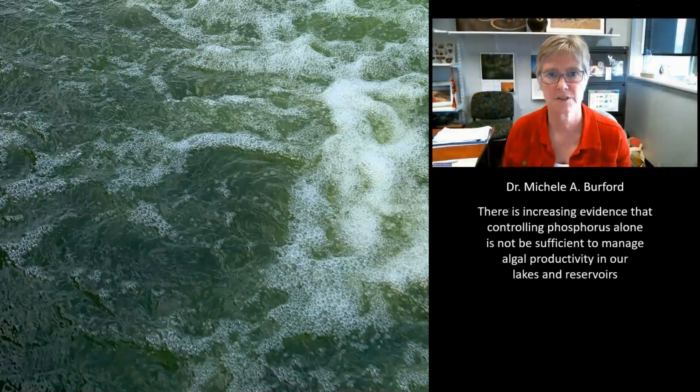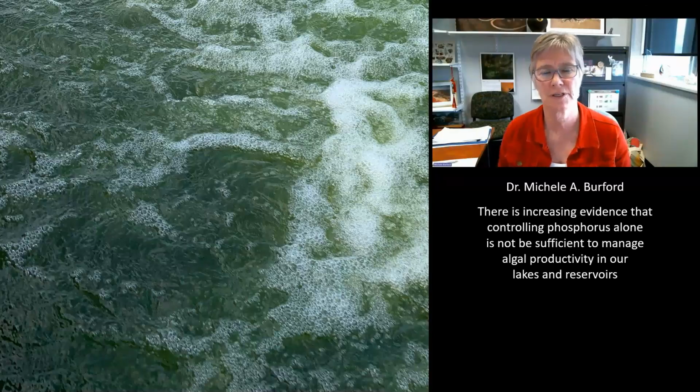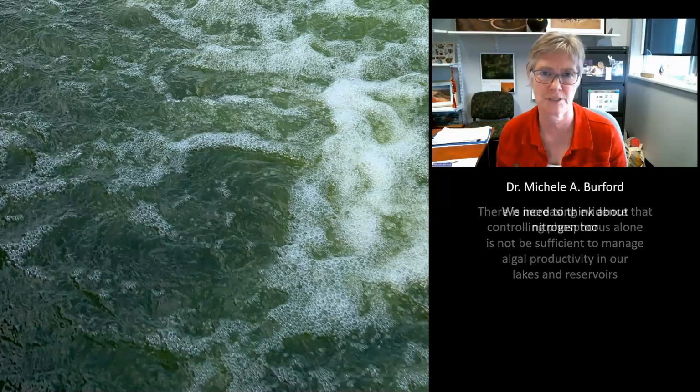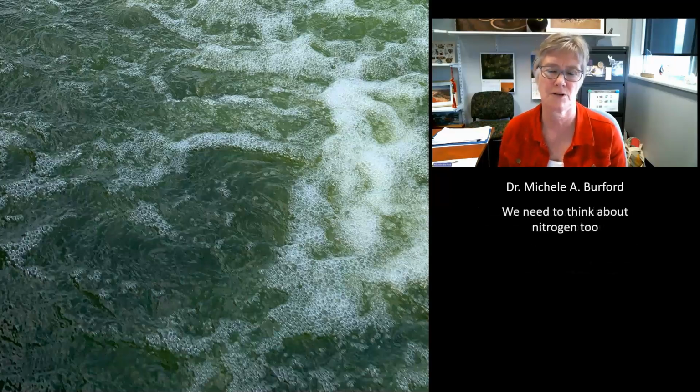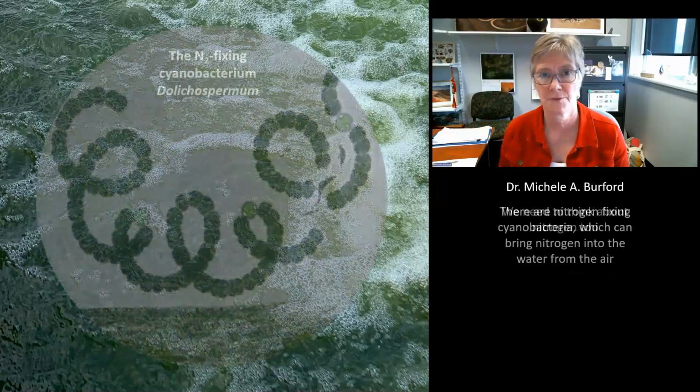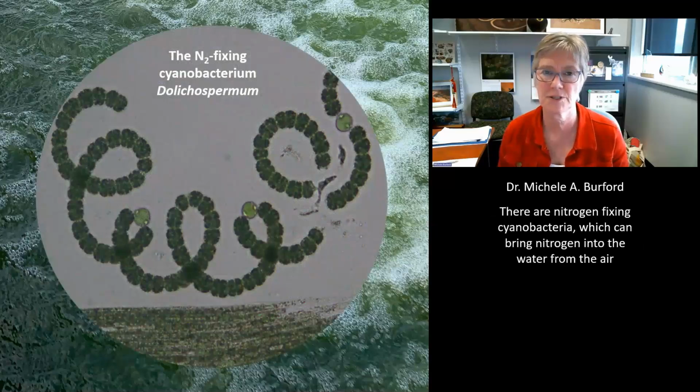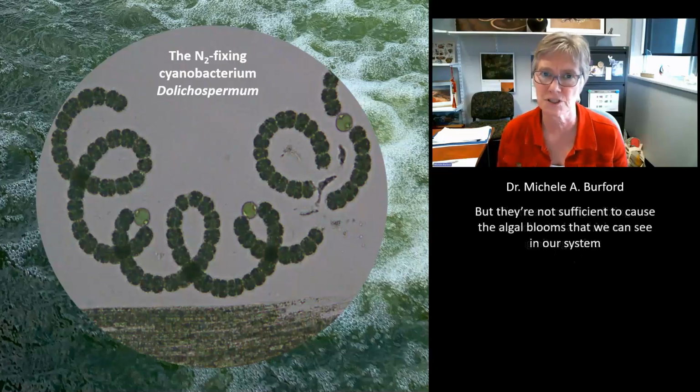There is increasing evidence that controlling phosphorus alone is not sufficient to manage algal productivity in our lakes and reservoirs. We need to think about nitrogen too. There are nitrogen-fixing cyanobacteria which can bring nitrogen into the water from the air, but they're not sufficient to cause the algal blooms that we can see in our system.